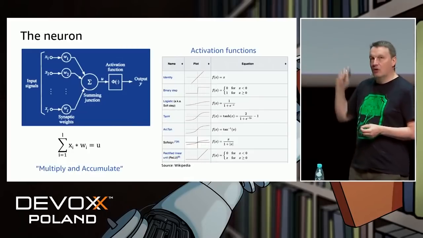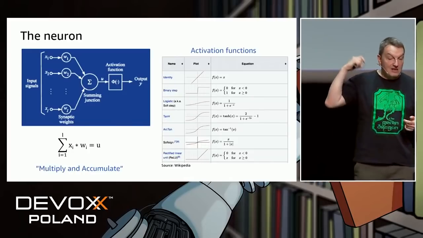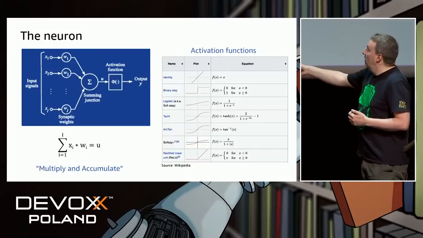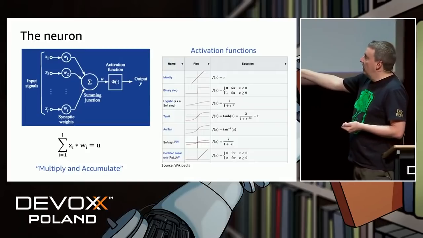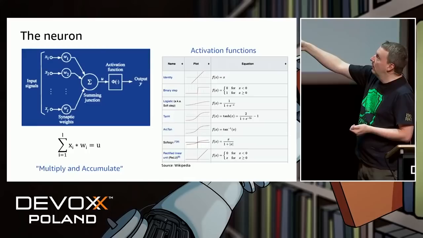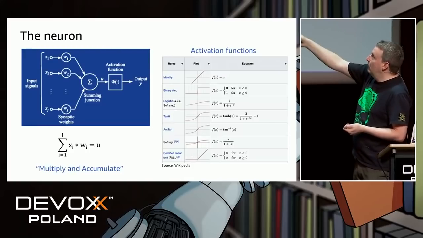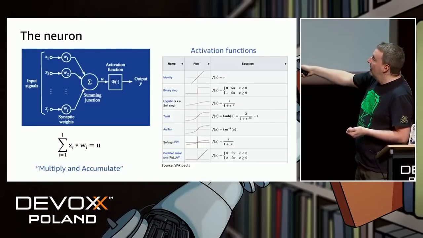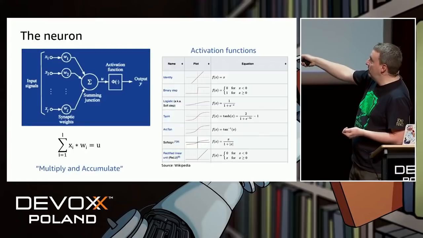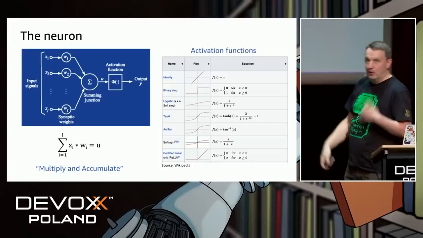And over time, a number of functions have been used. These days, ReLU is the popular one. And as you can see here, it's nonlinear, right? If the input value to ReLU, okay, so if that u value here is negative, then the neuron will output 0. And if the input to the activation function is positive, then the neuron will output that same value.